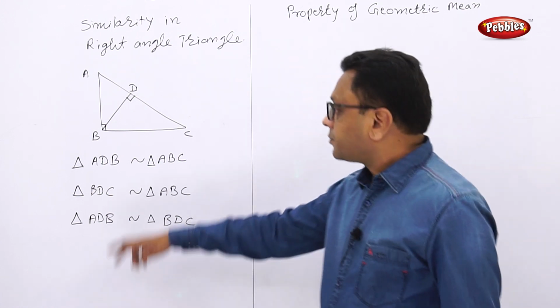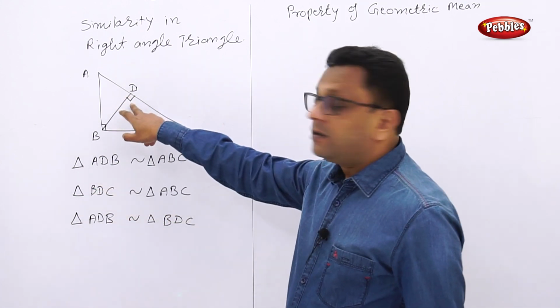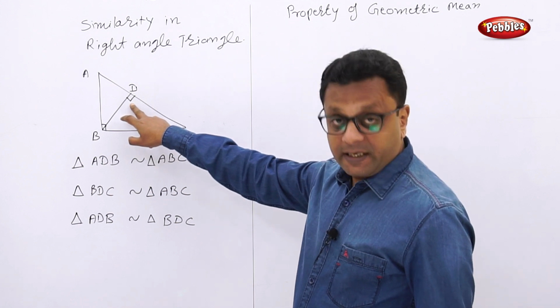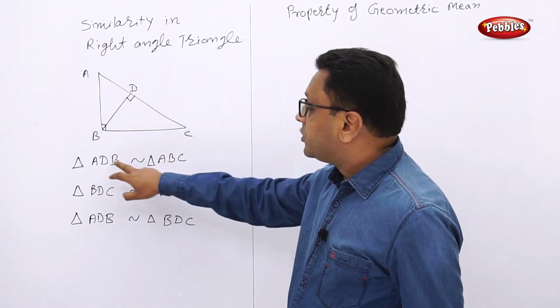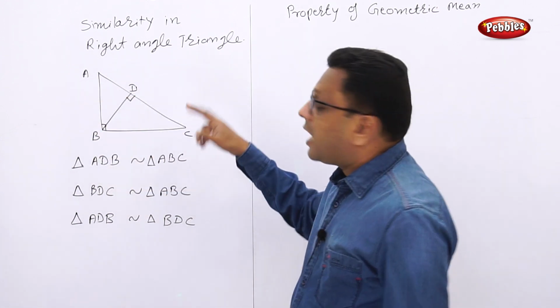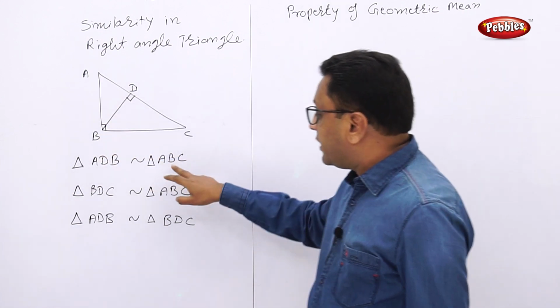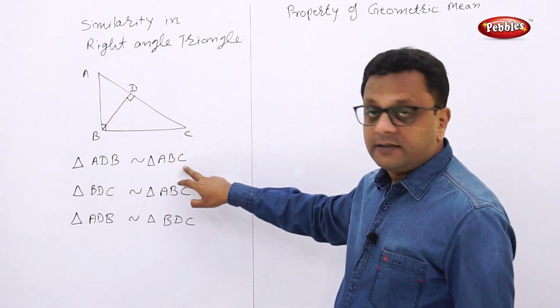For example, here I am starting with A, then D, the perpendicular or right angle, which I am taking at the center, and then B. So here also I must start with A, then the right angle in the center, and then C.